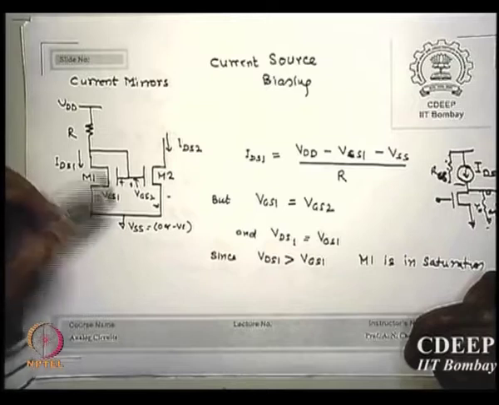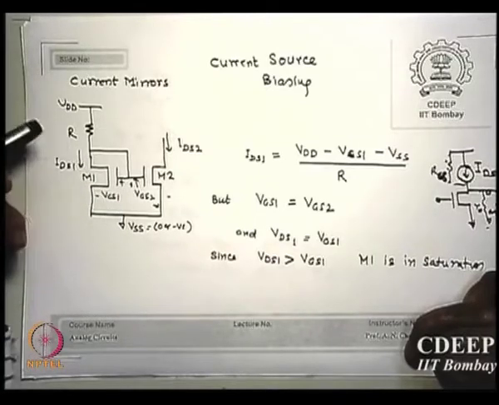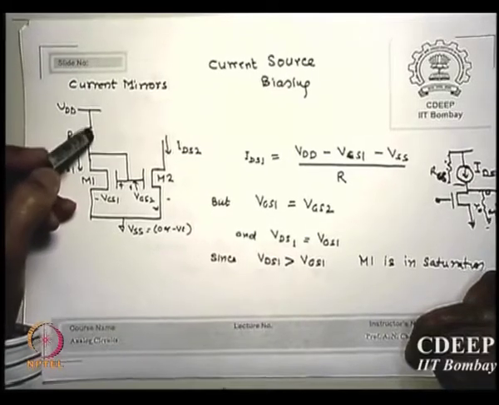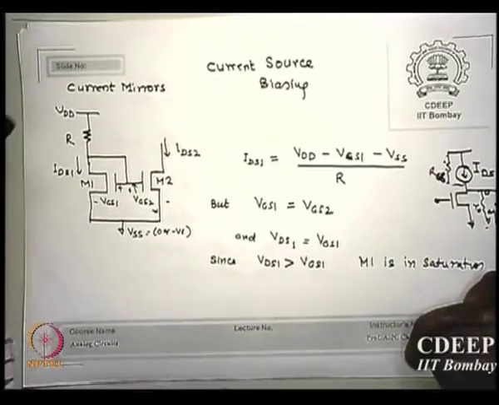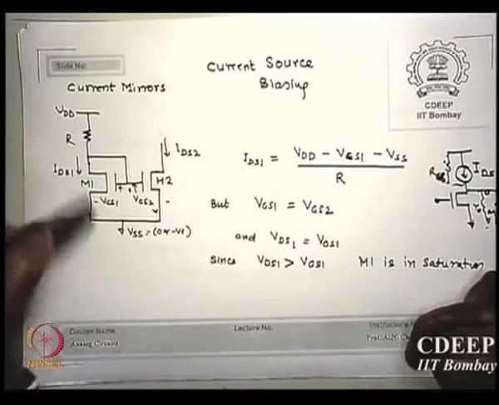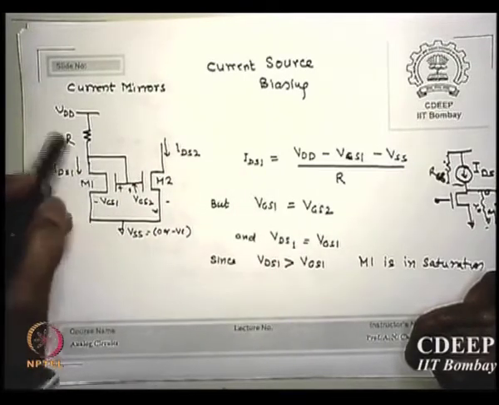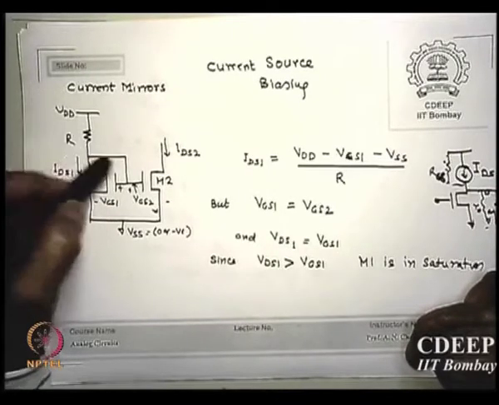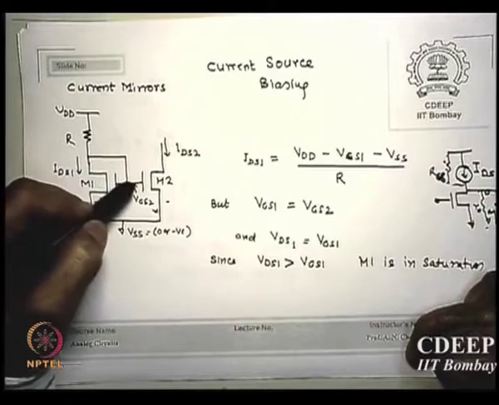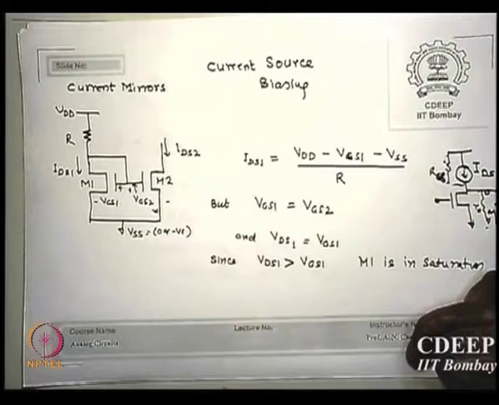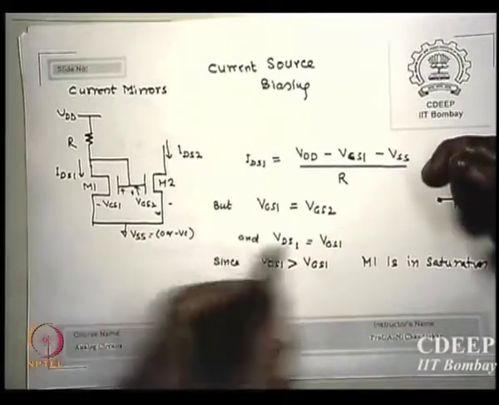But assuming right now MOS transistor alone, there is no gate current, so whatever current is coming from here is going down. So this current is VDD minus VSS minus, please remember how much is this voltage? VDS, but since this point is connected to the gate, it is VGS1, is that point clear?